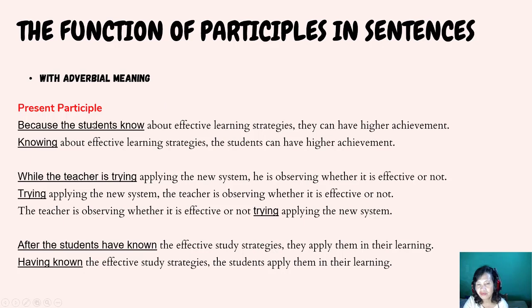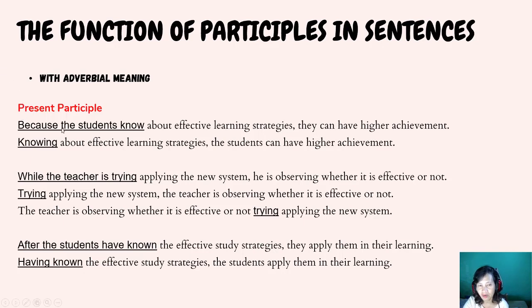If you have different subjects for the subclause and the main clause, you cannot have the present participle form like this. And also, the one that you can change into the present participle is the subclause, not the main clause.